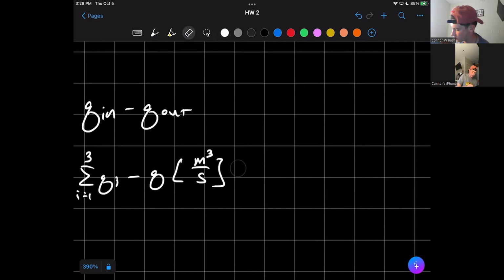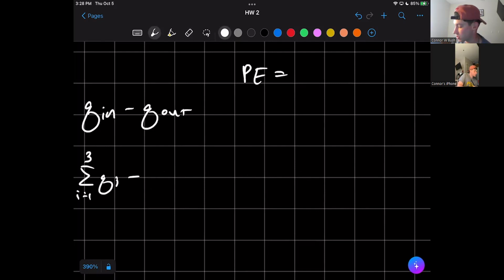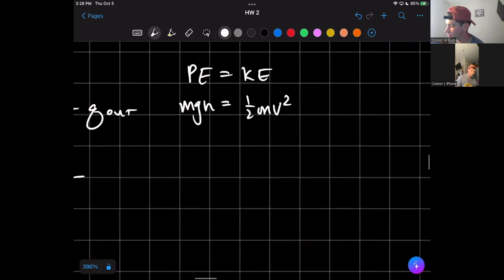And then from energy balance, we can say at the top, the gravitational potential energy equals the kinetic energy at the bottom. We can set the height to 0 at the bottom. So we have this expression here. Gravitational potential energy equals, sorry, that is incorrect.